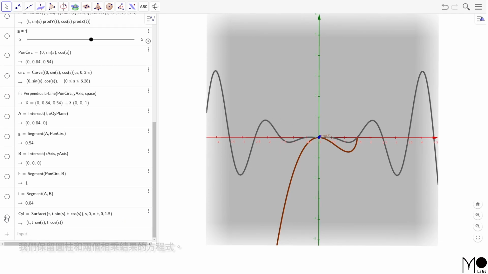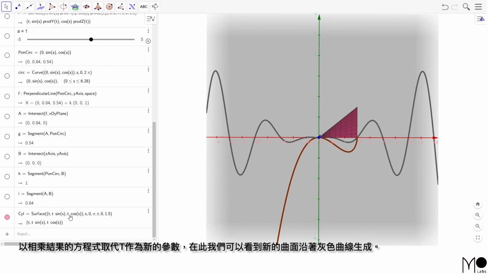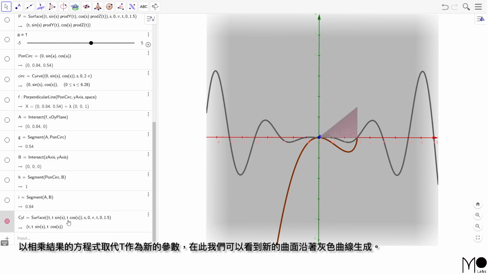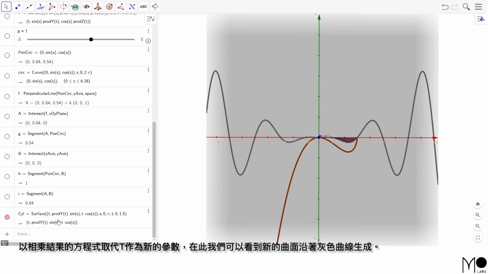And here in the cylinder equation, what I'm doing is to exchange the simple formulas t, which describe this shape here, just from both sides, t here and t there. I replace it by the functions I created.